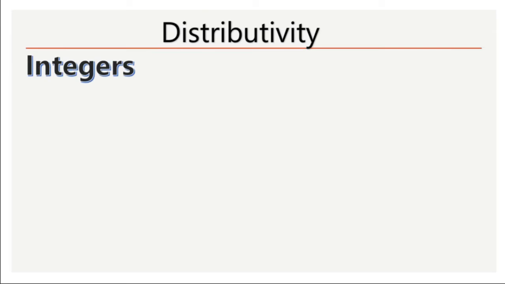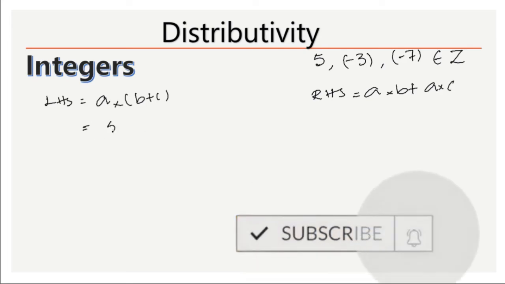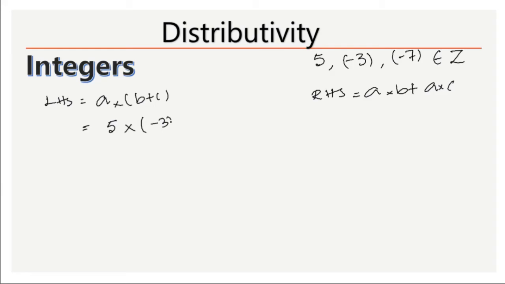Let's take up integers. Let me take 3 different integers this time. I would prefer taking a positive integer and 2 negative integers. Here the left hand side is A into (B plus C) and the right hand side is A into B plus A into C. Let's substitute. It is 5 multiplied to negative 3 added to negative 7.